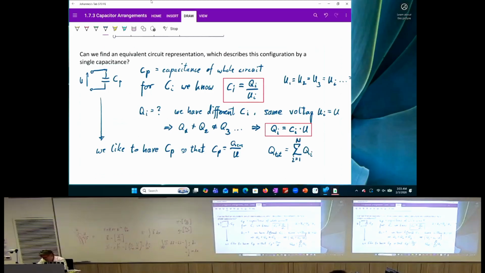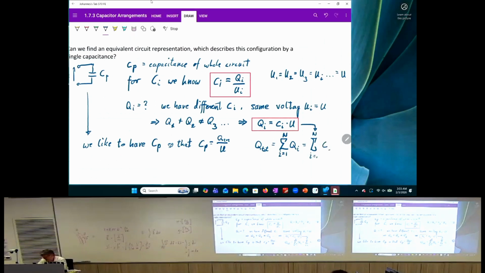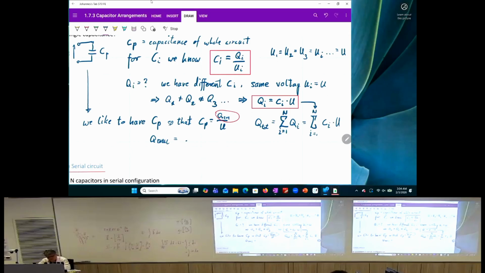And this we can do by using this formula, by taking a summation for I equal 1 to n of C sub I times U. So the total charge is what we need here. Q total is then in the new equivalent circuit Cp times U.